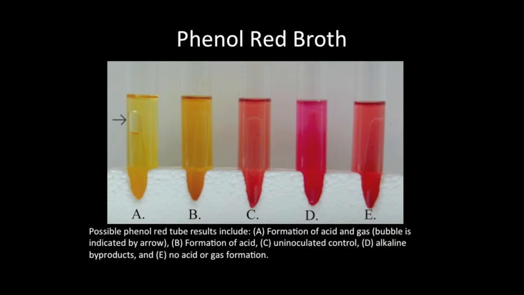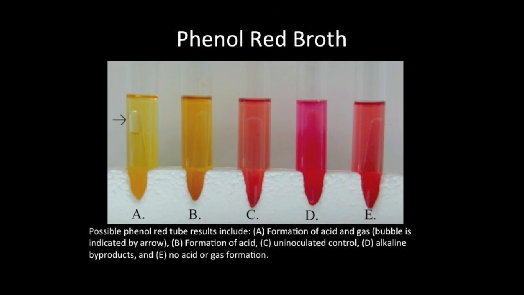The image seen on the screen shows potential results from a phenol red broth carbohydrate fermentation test. Test tube C is the control. It has not been inoculated with bacteria. It shows you what a phenol red broth looks like when we begin this differential test. Test tubes A and B are both positive for acid production, as indicated by the change in color of the medium from red to yellow.